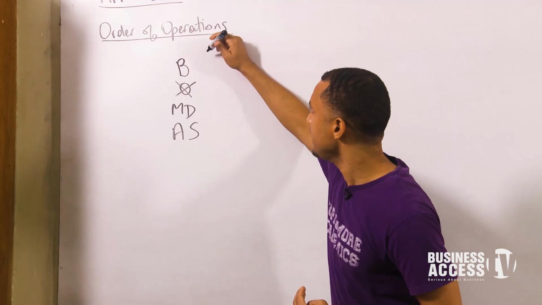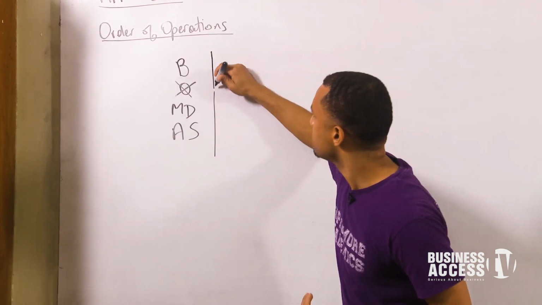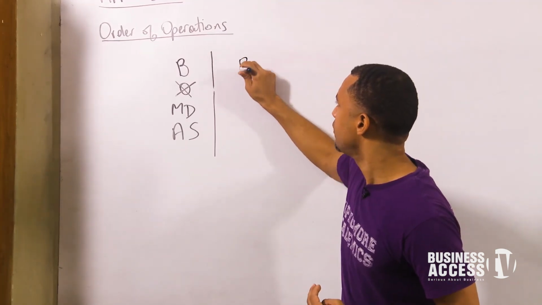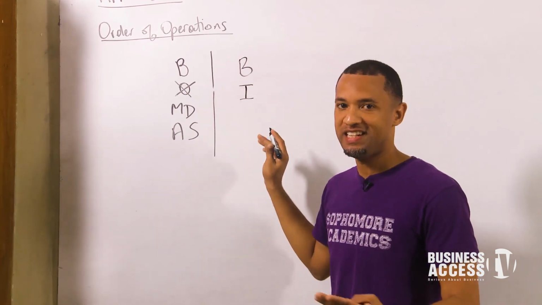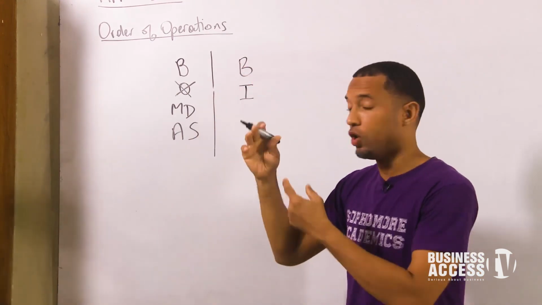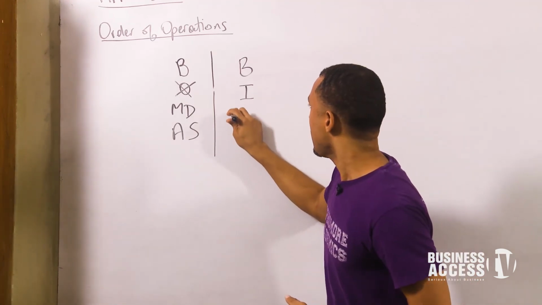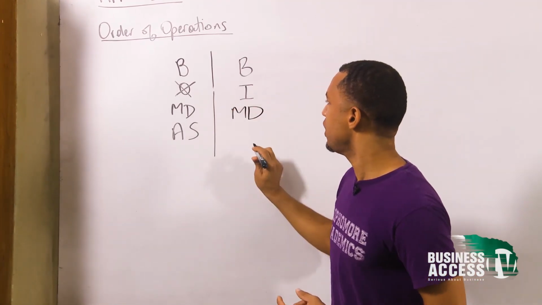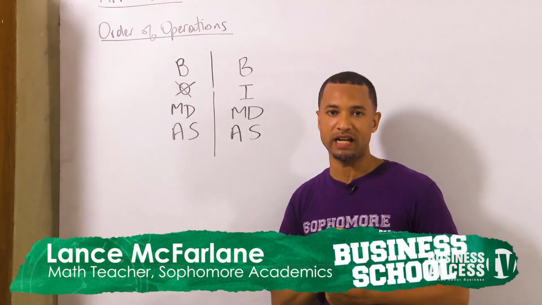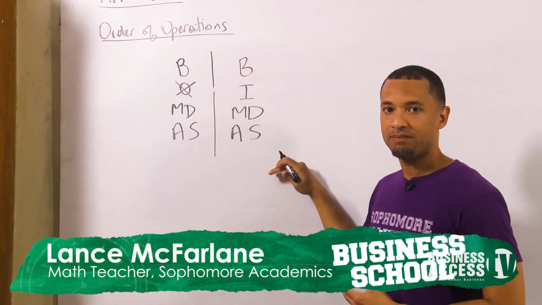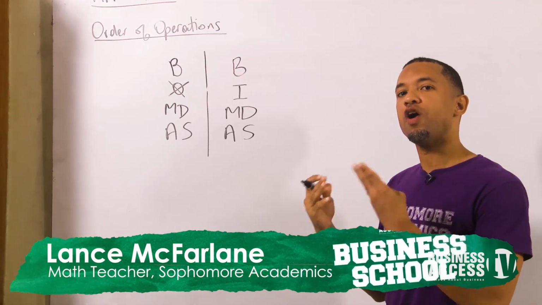It was upgraded to B for brackets, I for indices, that is, when you raise something to a particular power, and then multiplication, division, addition, and subtraction. So this is where we are now: BIMDAS, and this is the order of operations.